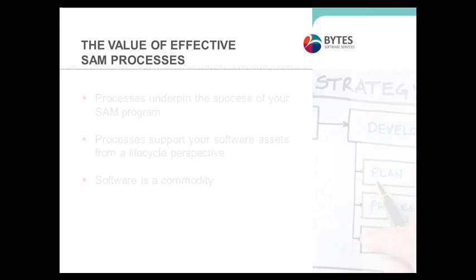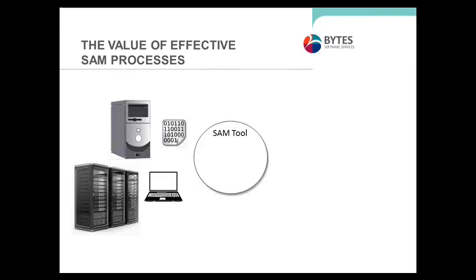So, if we think about the SAM tool, as I mentioned, purchasing and deploying a SAM tool solution is a step in the right direction, but you also need to ask some questions around the processes that you're going to use to make that more efficient for you. So the first one, how are you going to make sure you're reaching all parts of your network and infrastructure?